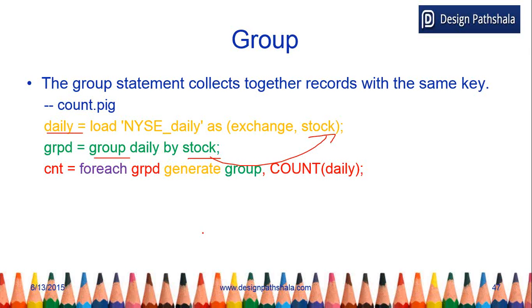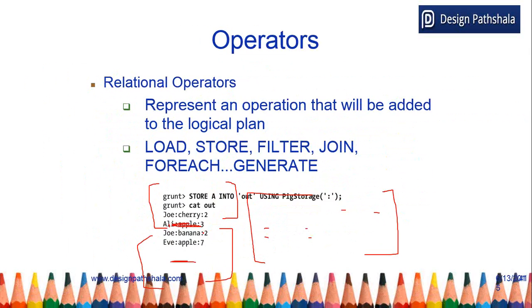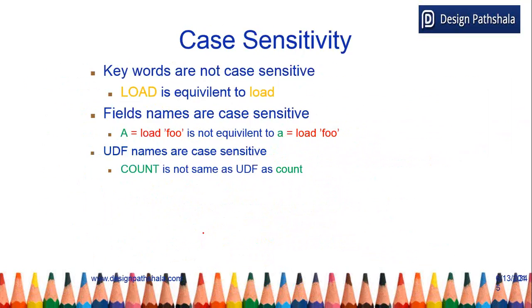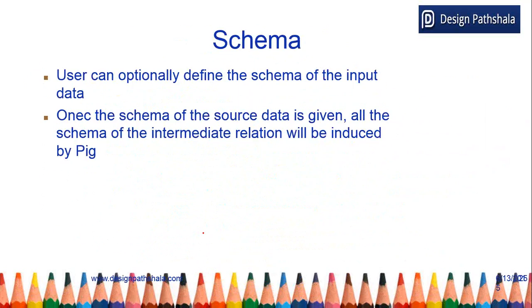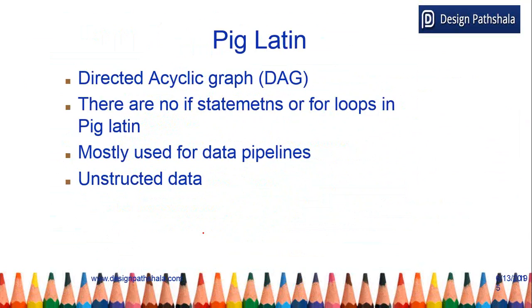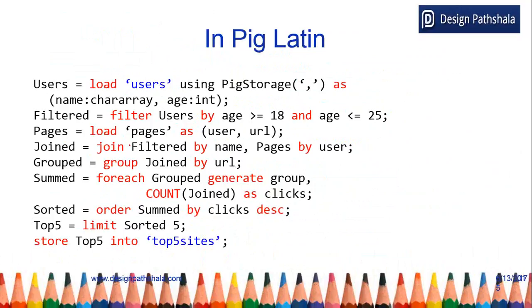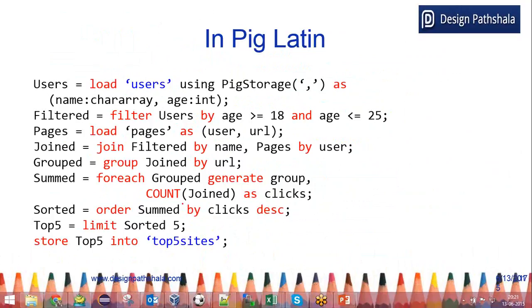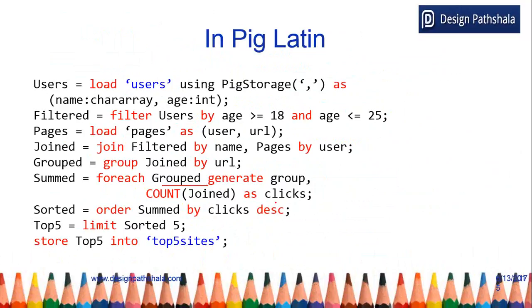So in this example, I first grouped the data on URL, then only I counted the clicks.